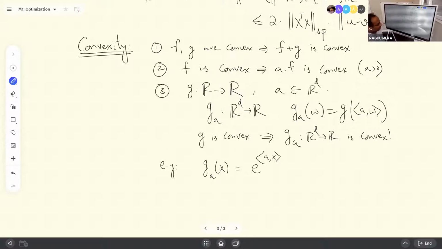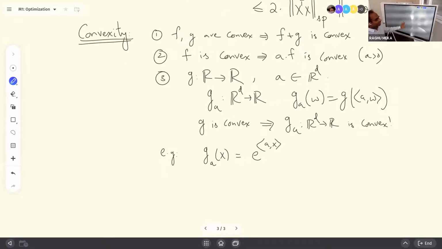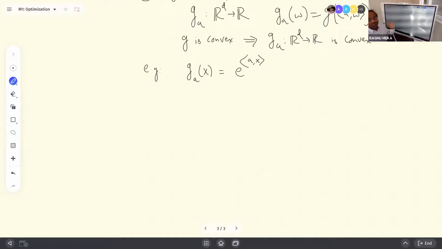Alright, so we have these three properties, and why did we start out on this journey of talking about these properties? Because we wanted to say something about gradient descent. What is known about gradient descent? Since the algorithm is so widely used, there is very fine-grained analysis of it.